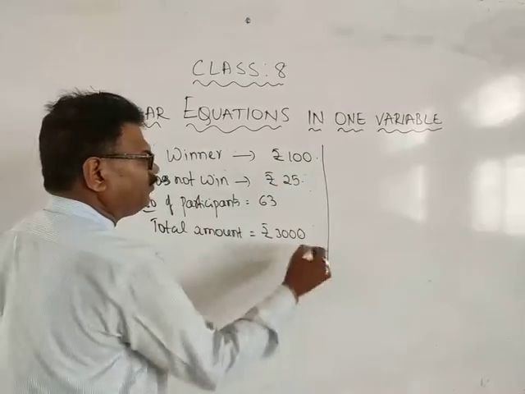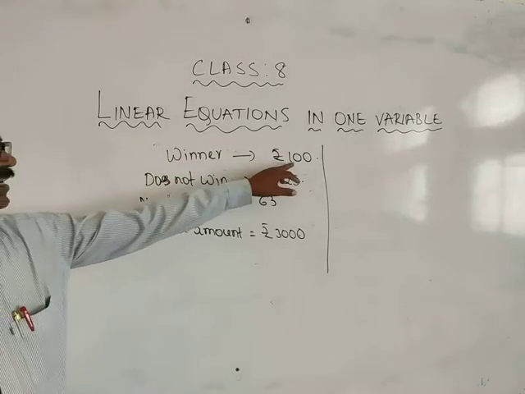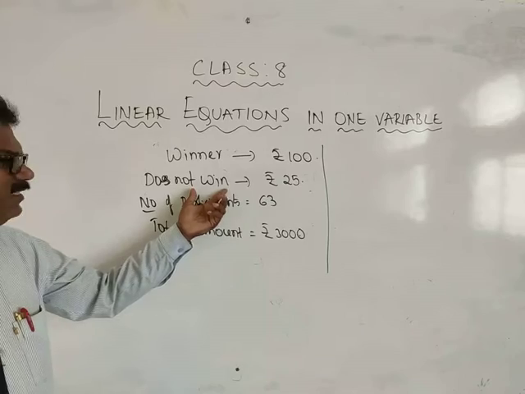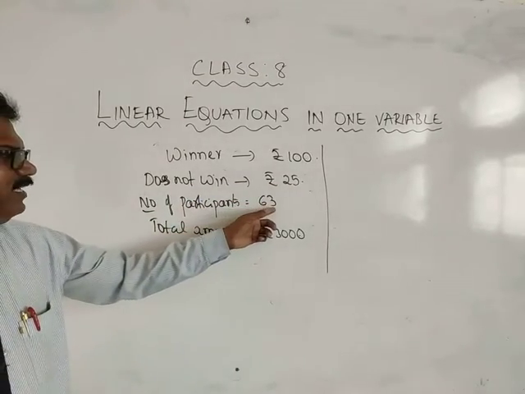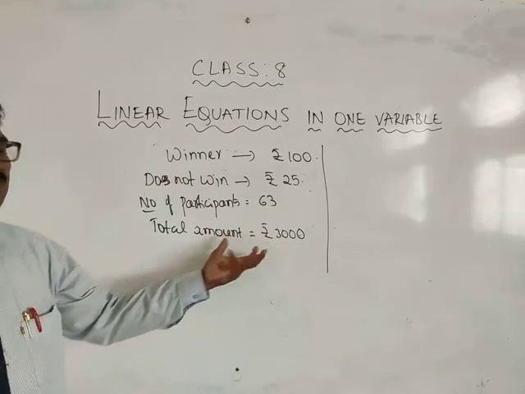Now very simple. Here you see winner, how much will you get, 100 rupees. Does not win means participants, how much will they take, 25. Total number of participants will be 63. Total amount will be 3000.